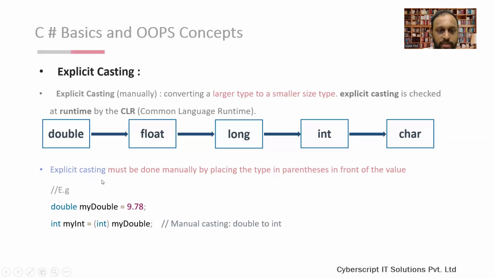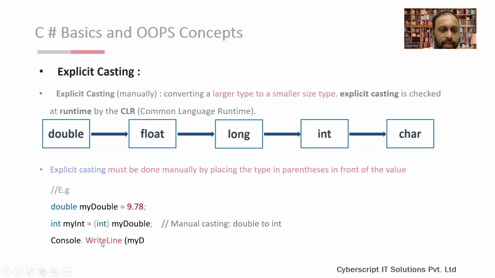As we discussed, explicit casting must be done manually by placing the type in parentheses in front of the value. So here we have mentioned the parentheses, and the data type I want to convert this value to, I have to mention over here. So it's called manual casting, which will convert the double value to an int value.